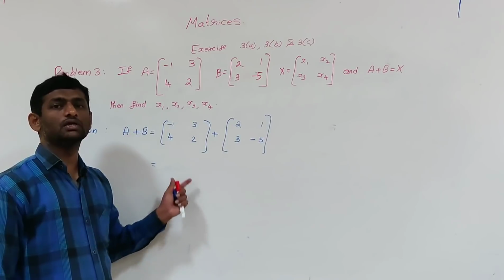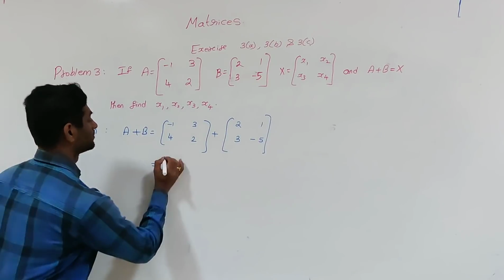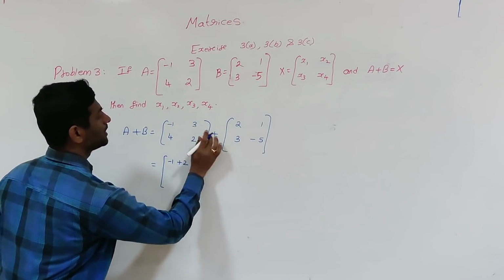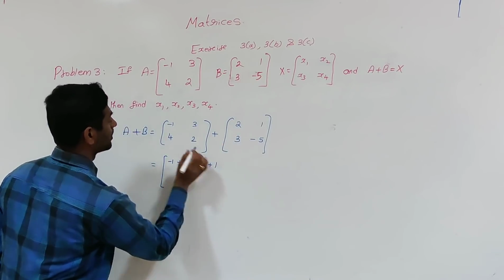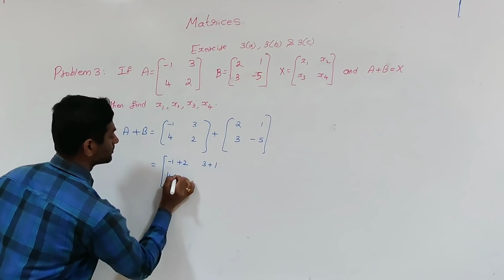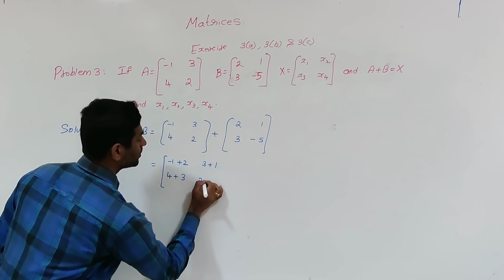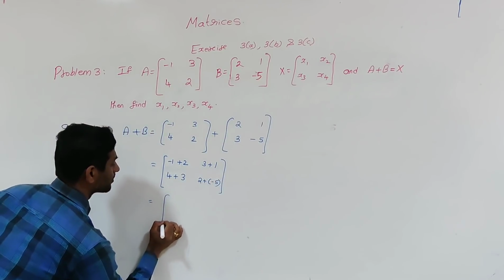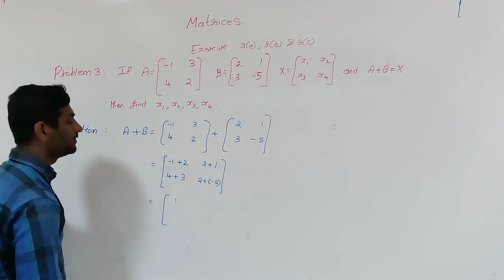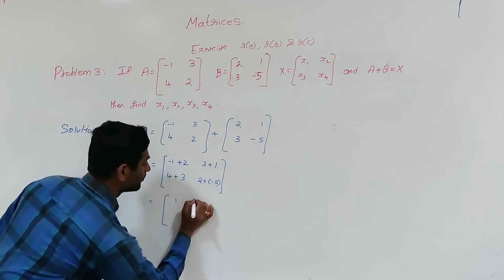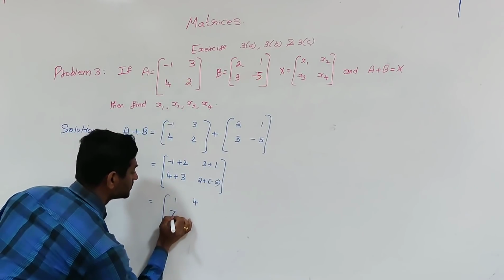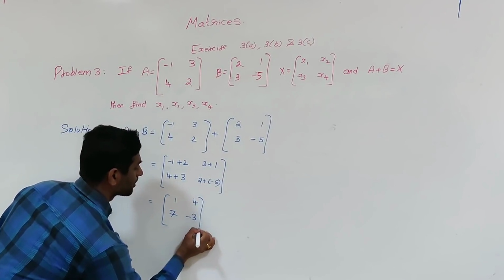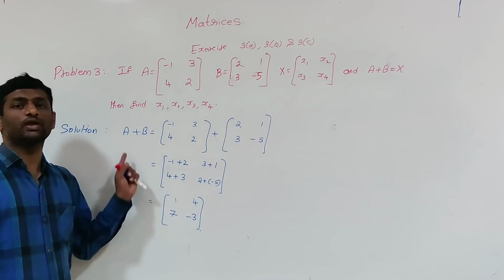The sum of the corresponding elements: minus 1 plus 2, 3 plus 1, 4 plus 3, 2 plus minus 5. So minus 1 plus 2 gives 1, 3 plus 1 is 4, 4 plus 3 is 7, 2 plus minus 5 is minus 3.